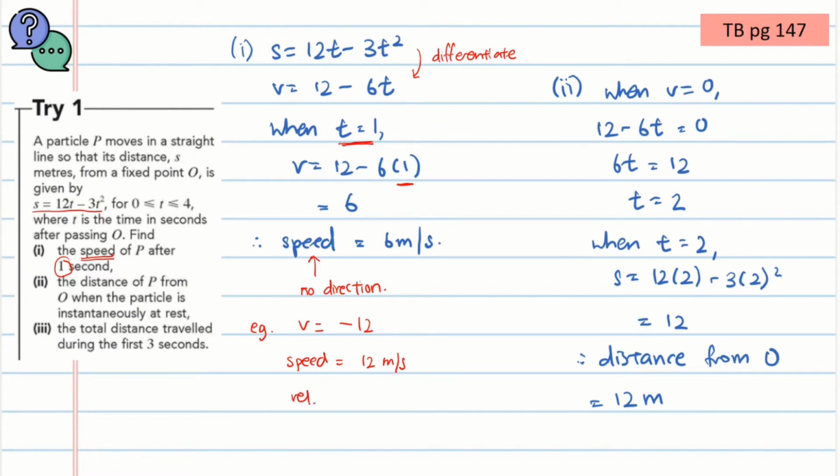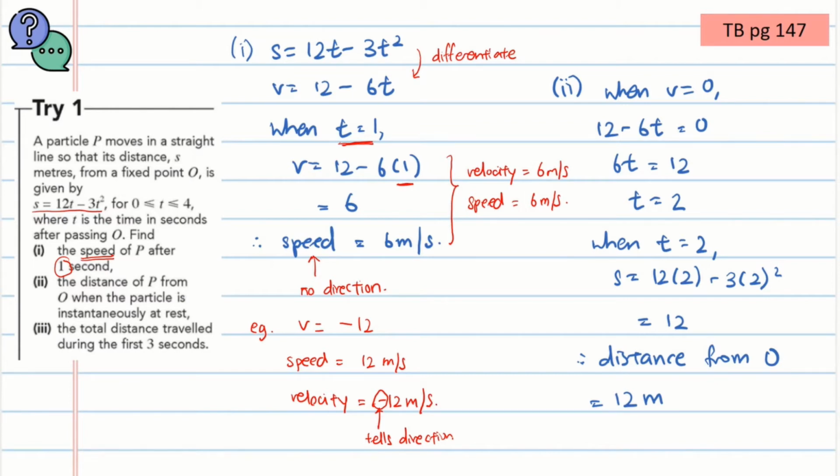But velocity is actually negative 12 meters per second because velocity has direction while speed has no direction. So this negative sign tells us direction. So in this particular case, since it's positive, velocity and speed actually are the same. Right, so I hope that answers part I for you.